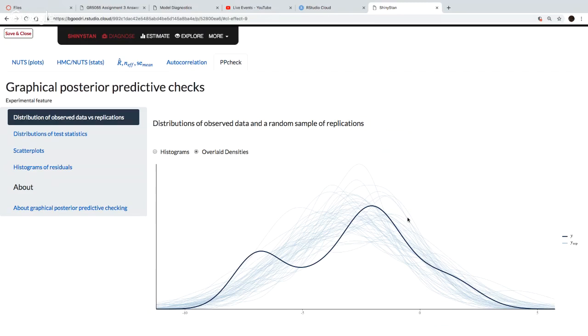And if this were a good model, you would expect to see the density of the actual observations resembling the density of the posterior predictive distribution across observations. And in this case, there are some noticeable discrepancies. The actual data has this second mode over here that is pretty much completely missed by the posterior predictive distribution under the model.